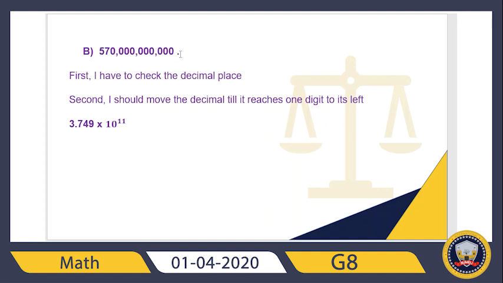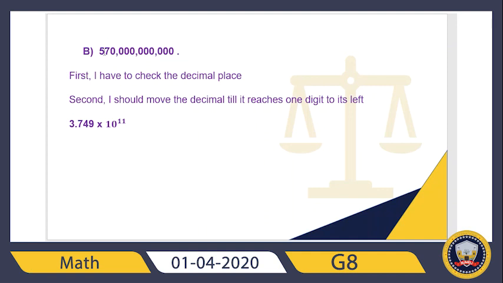Okay, so I will start moving it. 1 2 3 4 5 6 7 8 9 10 11 اهو. هنا at this point في بس only one digit اللي هو ال 5 at the left side of this decimal point. Third step بقى هعمل ايه؟ Third step I will rewrite my new number بقى ال scientific notation بتاعه.